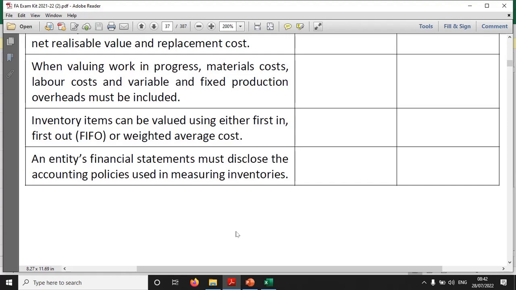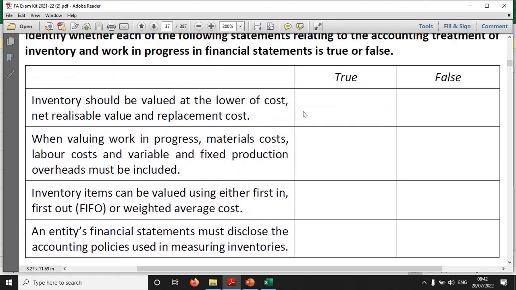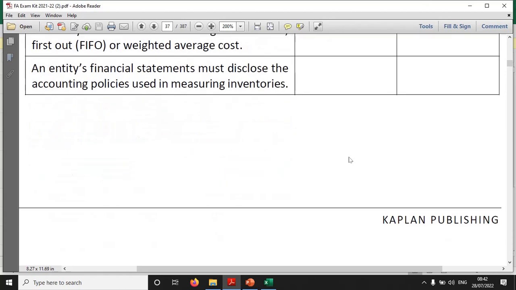You talked about reliable measurement. Unless, of course, you're a small business, but you let us know the basis for the valuation. It's disclosed actually in the notes. So on the first one, we say false, right? On the rest, we say true.